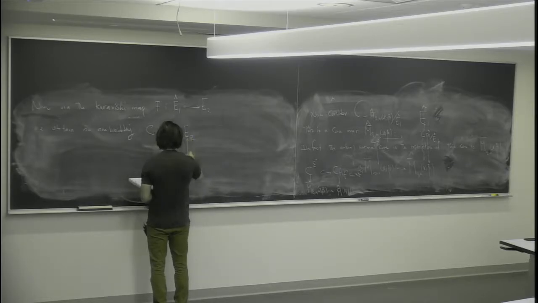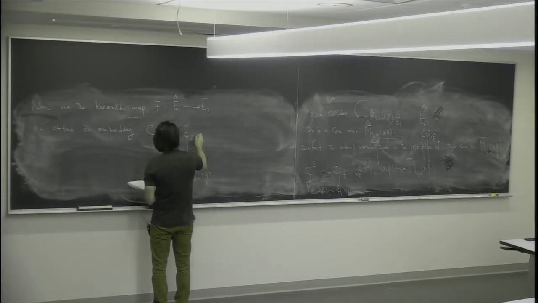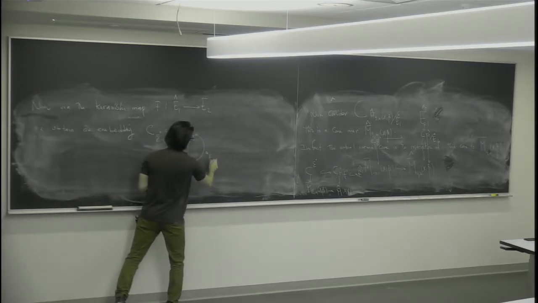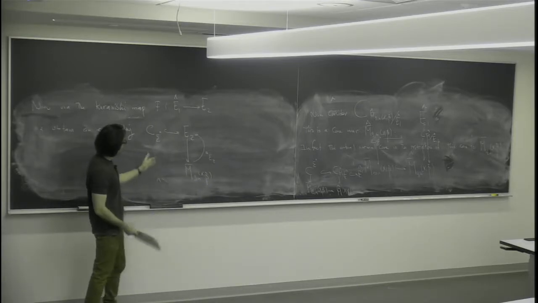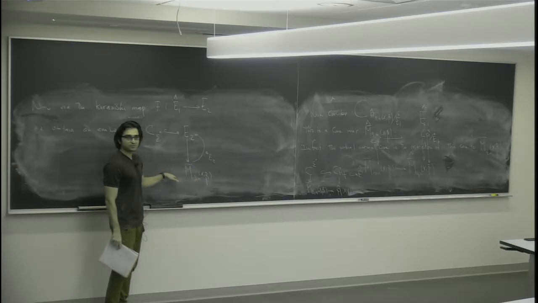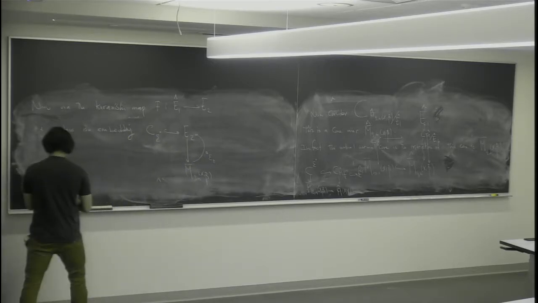Then the virtual class of M bar_g(X, β) is given by the pullback of the class of this thing by the 0 section of it.